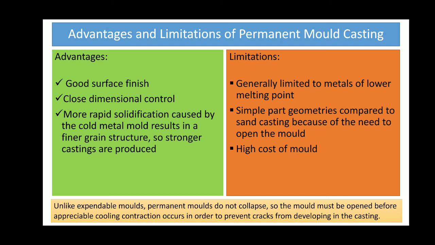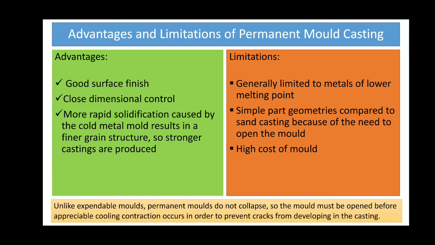As these molds are generally made of metal, rapid heat extraction is there, and because of that a finer grain structure is produced, which also results in stronger casting, because voids etc. are minimized.